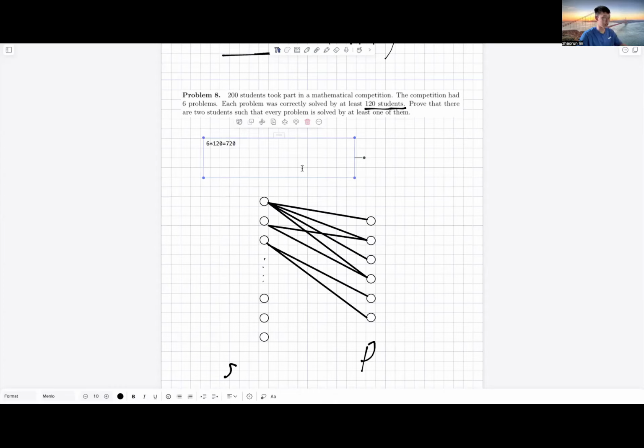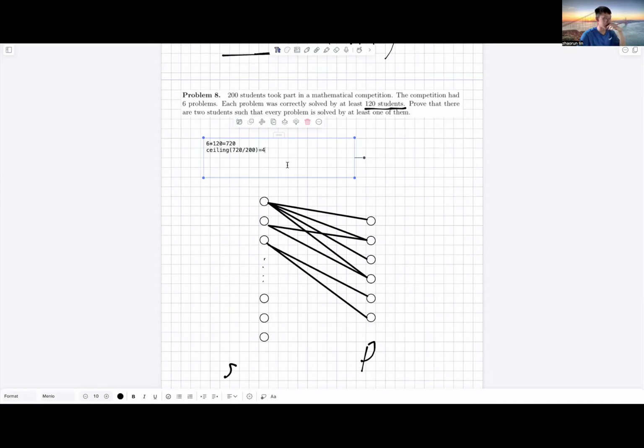minimum number of edges that exists in the graph. Since we have 200 students and 720 edges, if we distribute these 720 edges between these 200 students, you will see that actually the ceiling is 4, right?